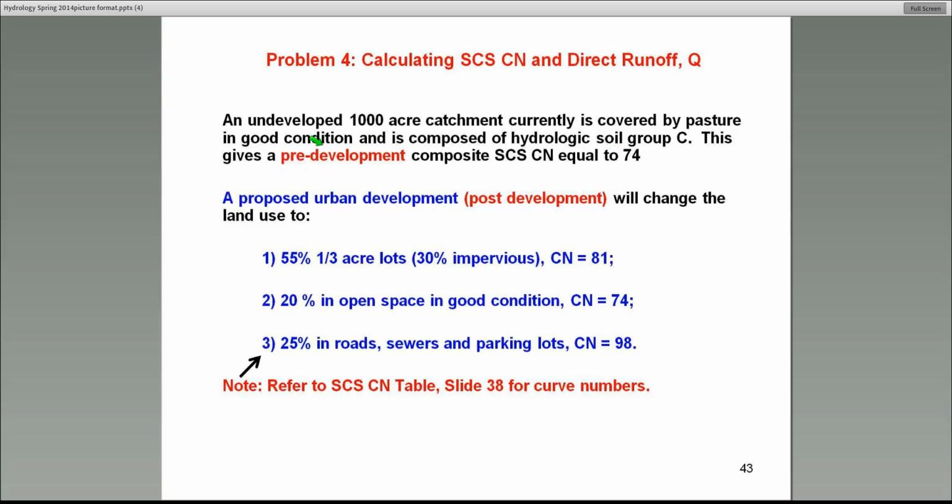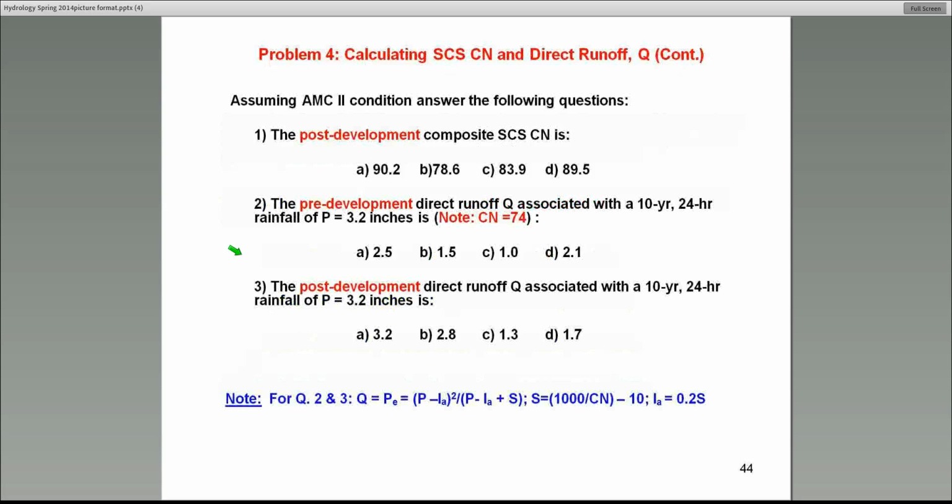And then we're going to do a post-development, urban development of this area, which will be composed of the following land use breakdown, 1, 2, and 3. So what I'm going to ask you to do in this problem is to get the overall composite number and answer a few other questions from that. Please work on this. I think it's a very good problem to work on to fully understand.